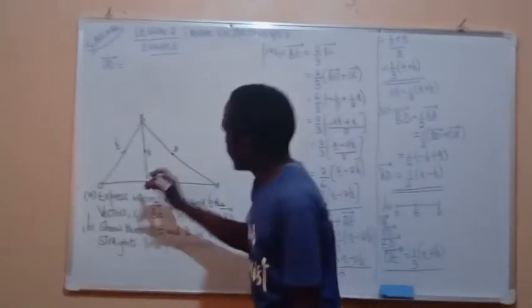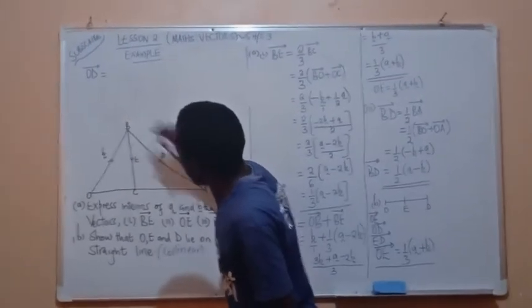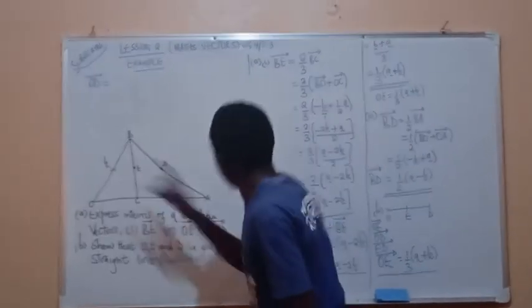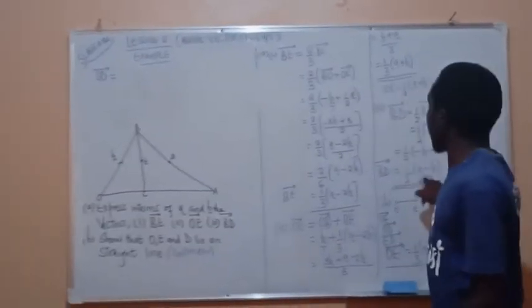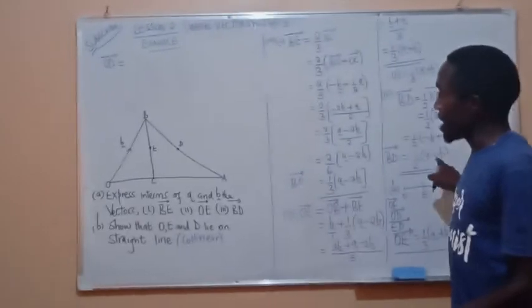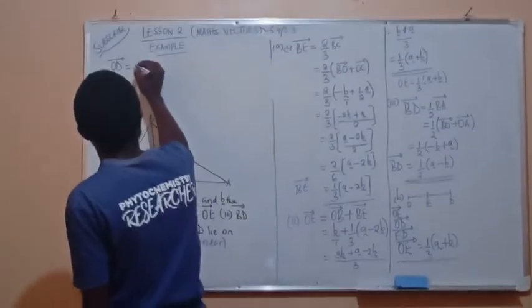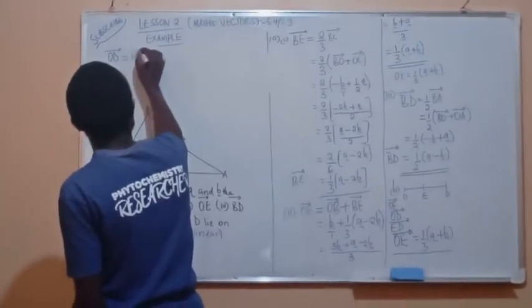It means that I'm moving from OB and BD, and I already have everything. I have OB as B, and I have BD as a half of A minus B. So I will say OD is equal to OB plus BD.